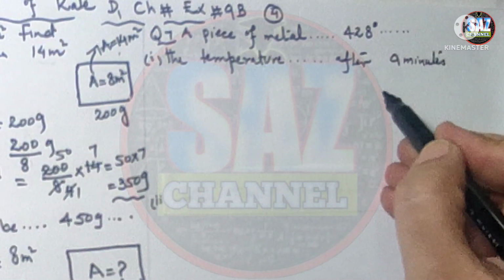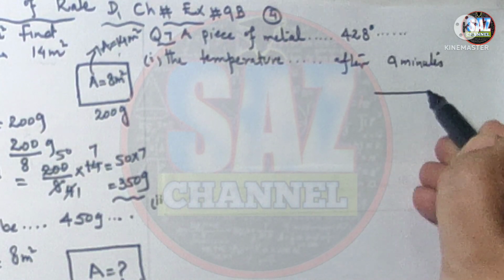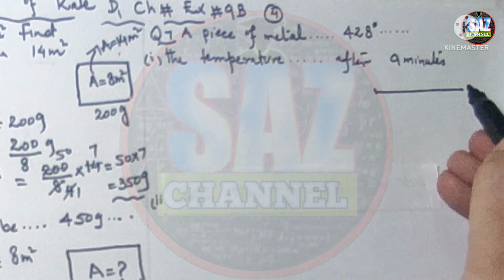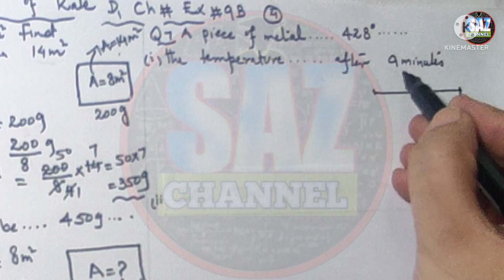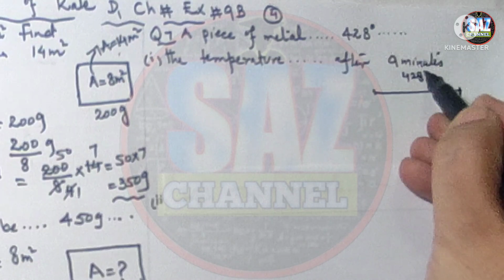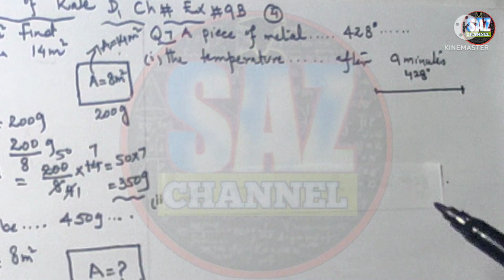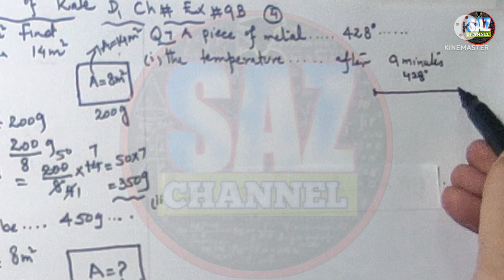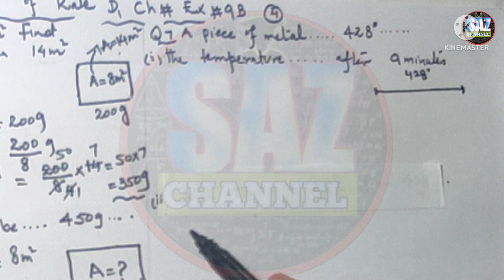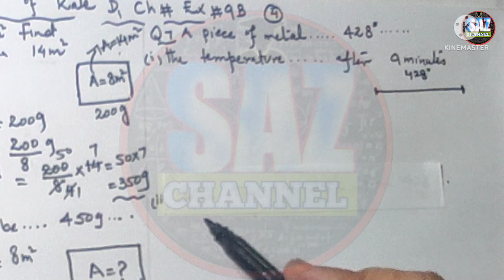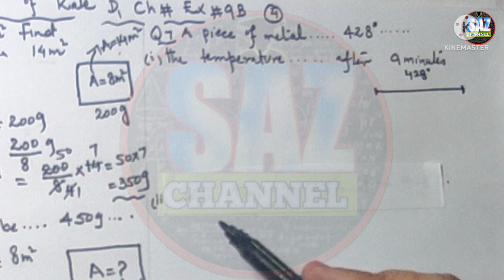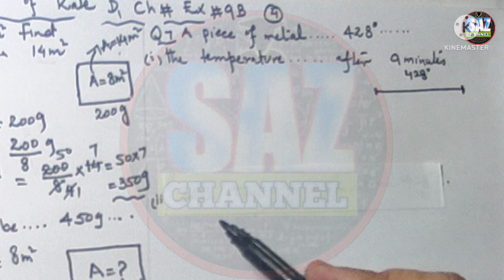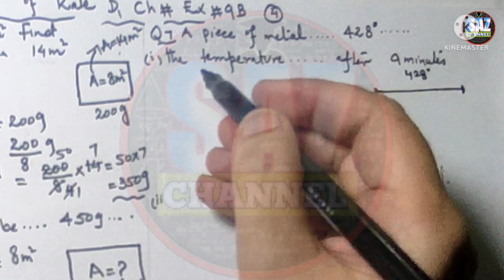There is a metal bar or metal piece, and initially when we were heating it, the temperature was 428 degrees centigrade, and after that we are keeping this metal bar to cool down. And then what is the rate given? The temperature falls at the rate of 23 degrees centigrade per minute for the first 3 minutes.